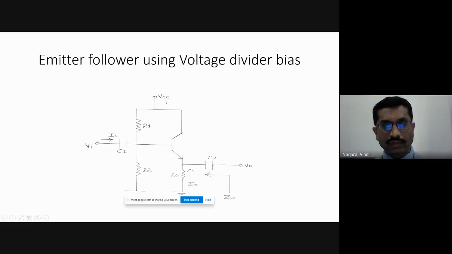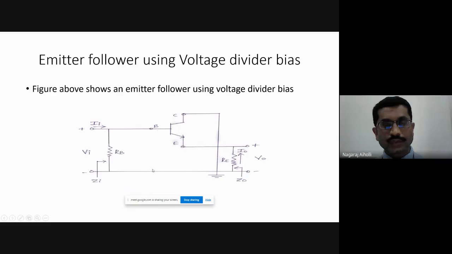Now, if I make this VCC as 0, because it is AC equivalent circuit, we have to make the DC voltages 0. If we make this VCC 0, then R1 will be connected between base terminal to ground, and R2 is also connected between base terminal to ground.